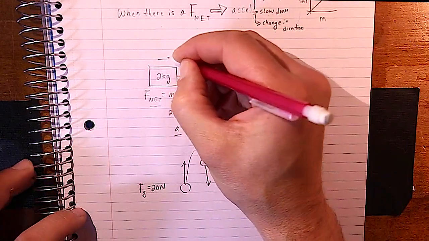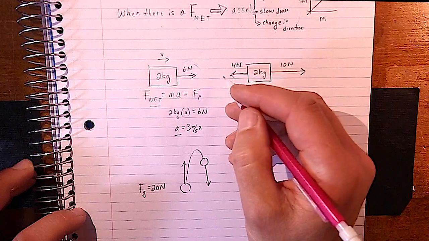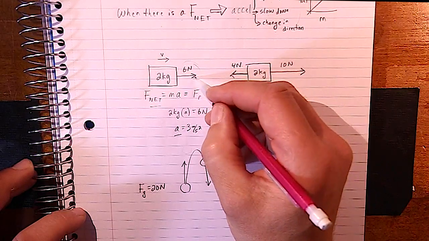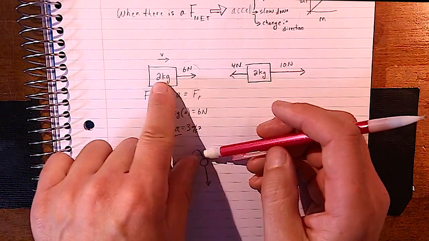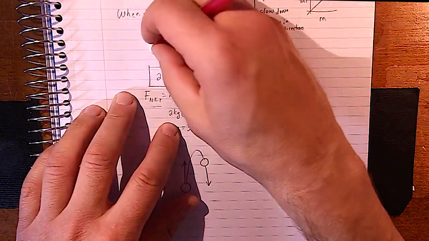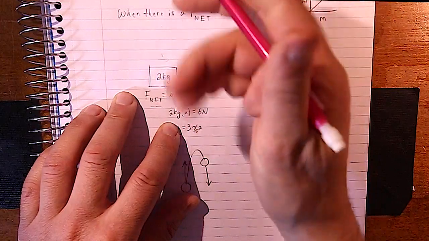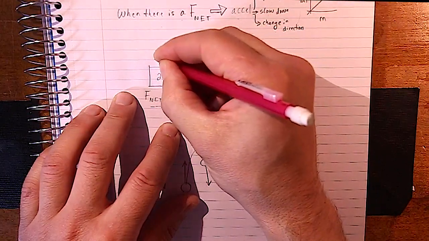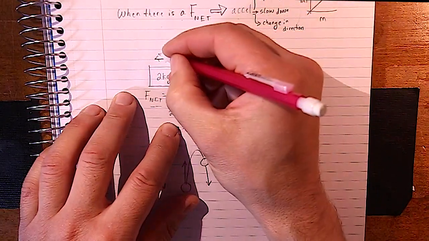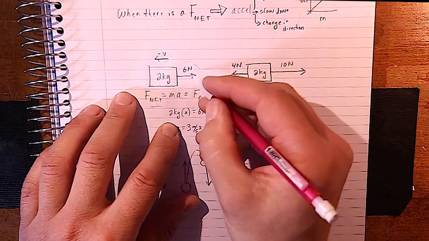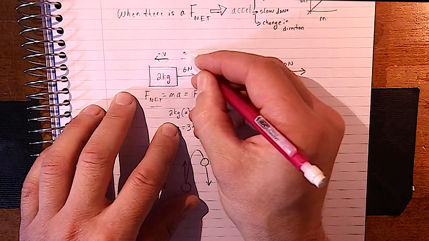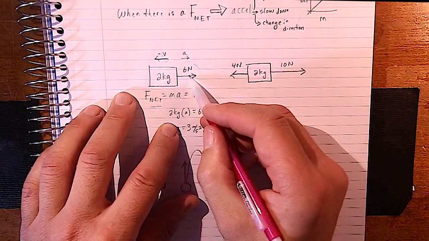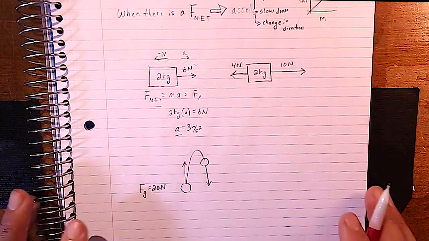If the object was moving to the right and accelerating to the right, it would speed up. But what if the net force was to the right and the velocity was to the left? In this case, the velocity would be negative. The acceleration would be in the direction of the net force, so this would be an object that would be slowing down. So just be careful of that.